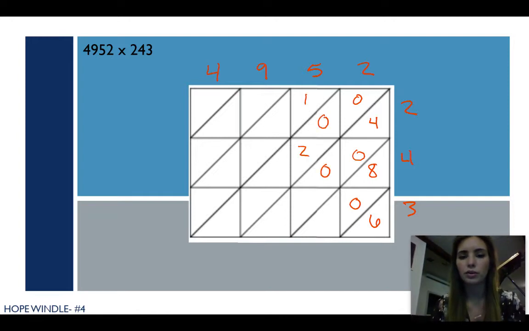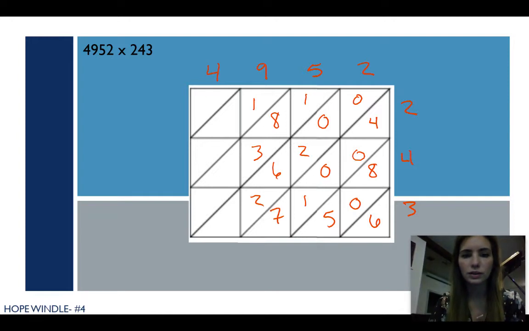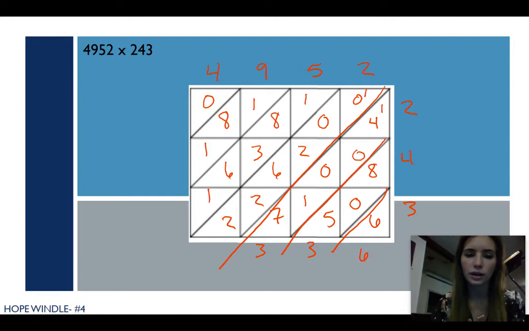5 times 4 and 5 times 3. 27, we have 8, 16, and 12. Again, we're just going to drop this here. Drop this and carry our 1, 5, 6, 13. Carry our 1, 3, 9, 11, 13.